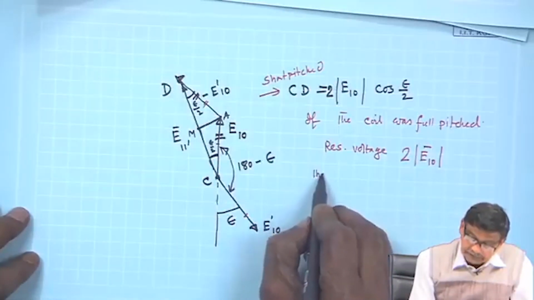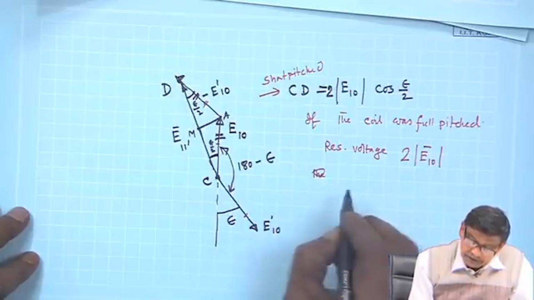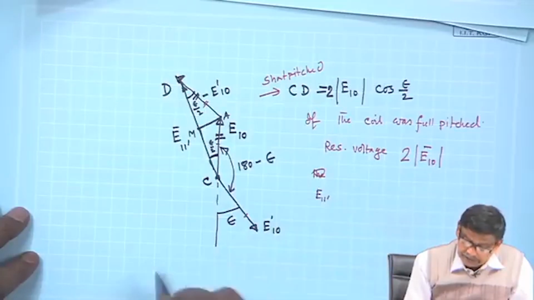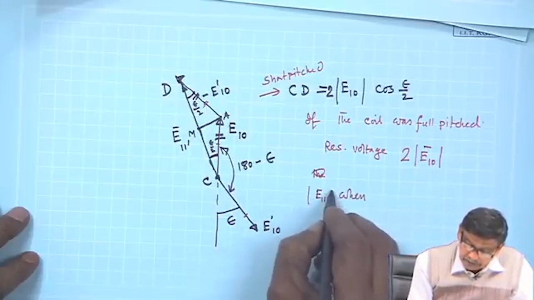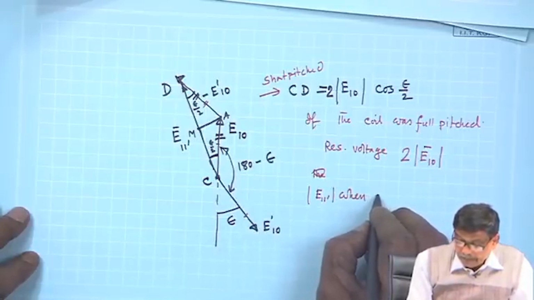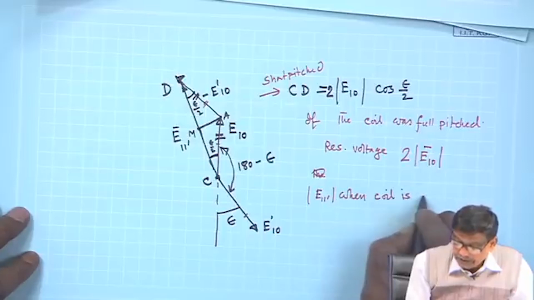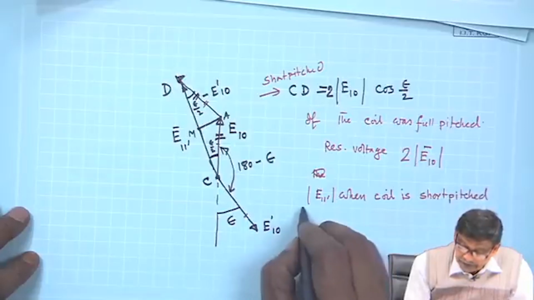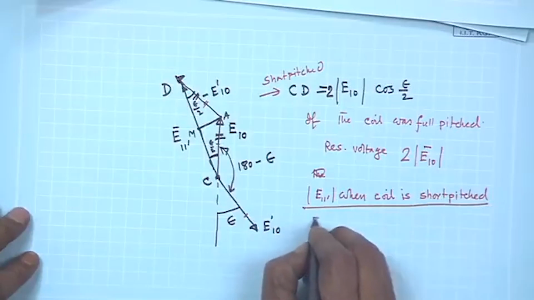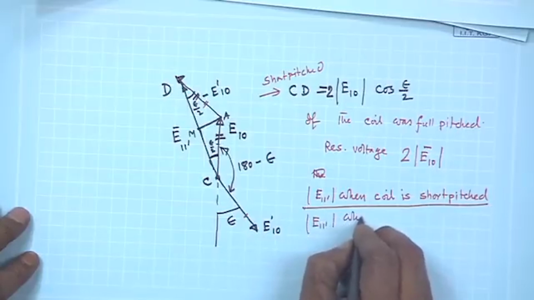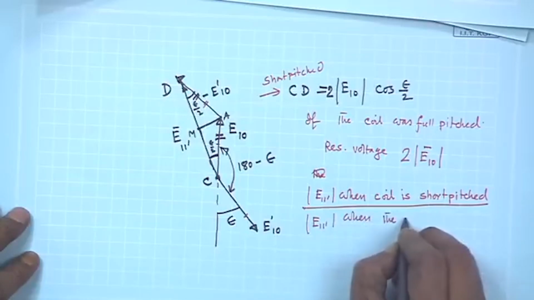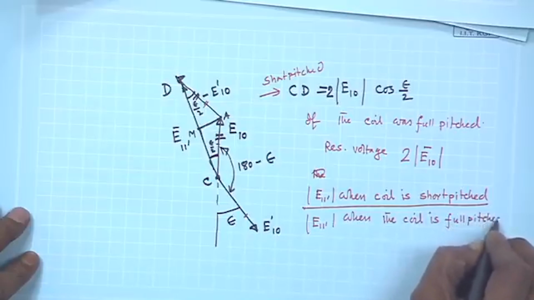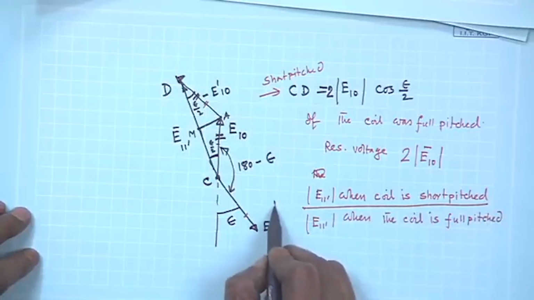Therefore, the ratio of the magnitude of E1 dashed when the coil is short pitched, divided by E1 dashed when the coil is full pitched, is called and denoted by Kp.